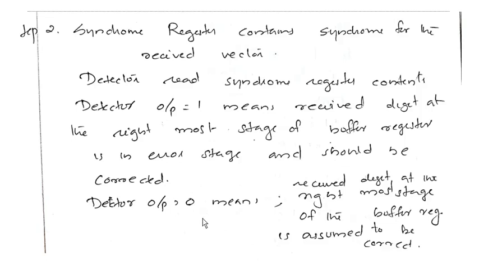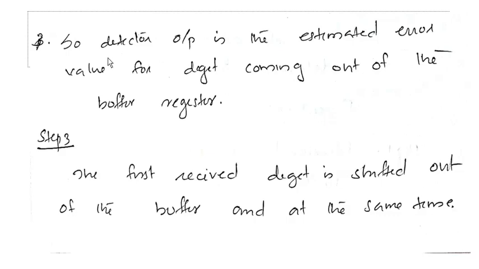If the detector output equals 0, the received digit at the rightmost stage of the buffer register is assumed to be correct. So this way we can check that first bit. The detector output is the estimated error value for the digit coming out of the buffer register. So the error pattern for the first buffer register digit is calculated.